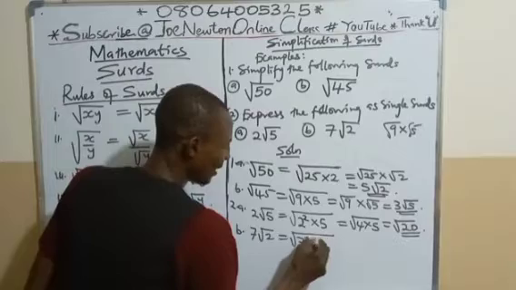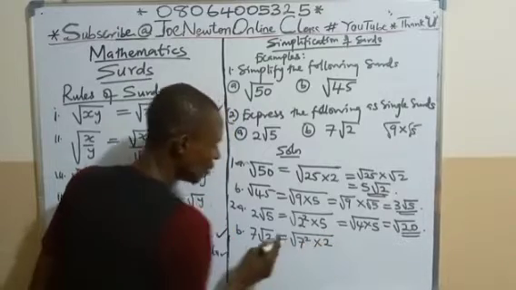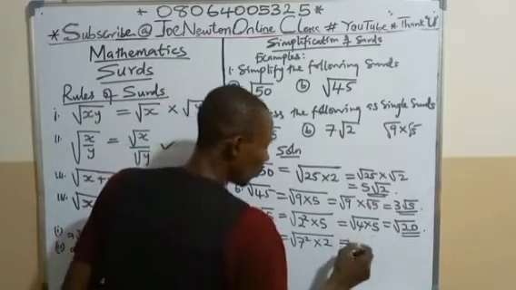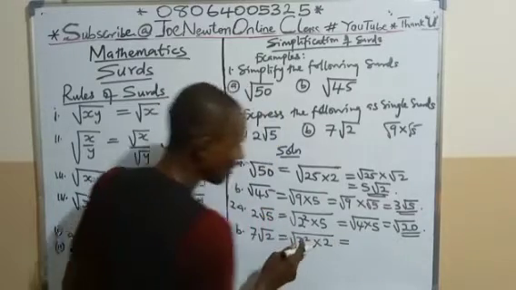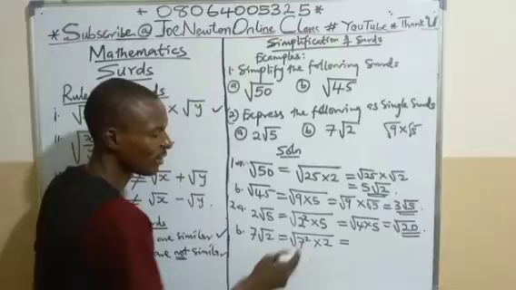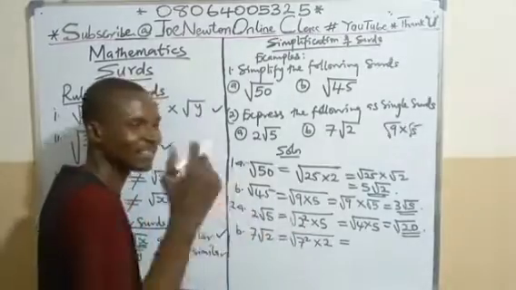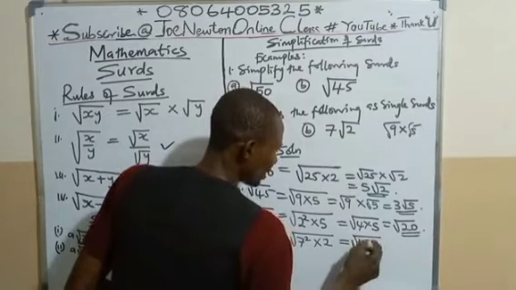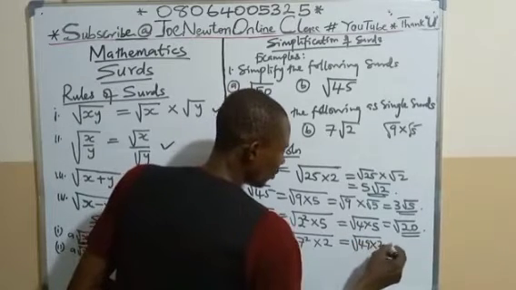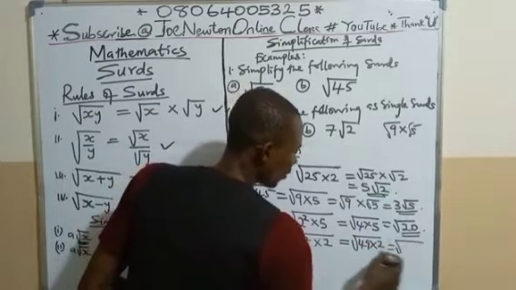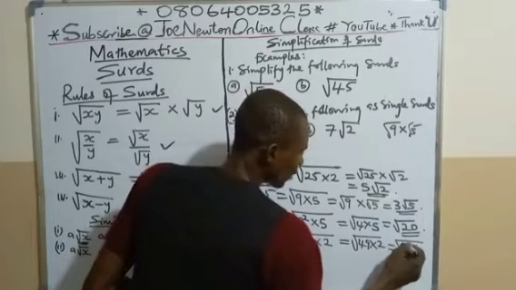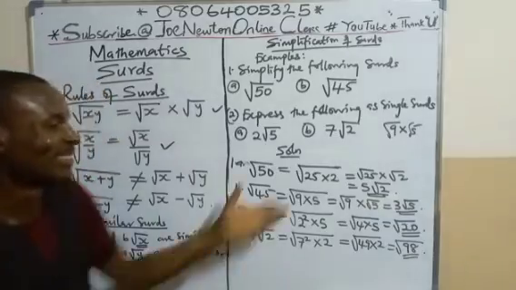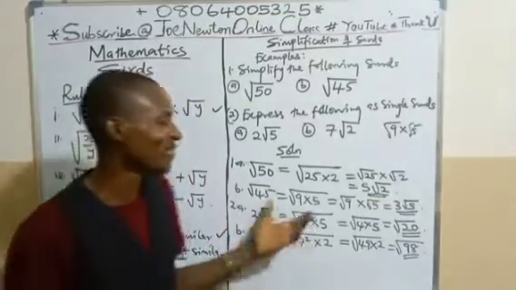So that equals square root of 7 raised to the power 2 times 2. 7 raised to the power 2 means 7 times another 7, which is 49. So surd 49 times 2, and 49 times 2 gives us 98. So the answer is surd 98. There's no magic there, just simple analysis.